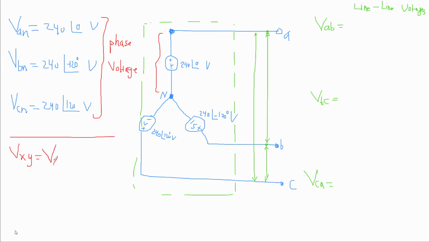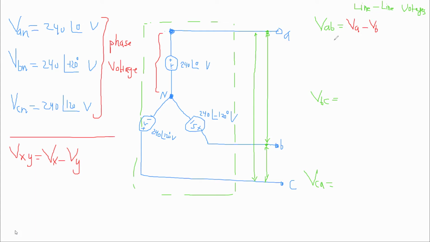It's Vx minus Vy. So what is the voltage VAB? VA minus VB. It's the voltage at the point A minus the voltage at the point B.